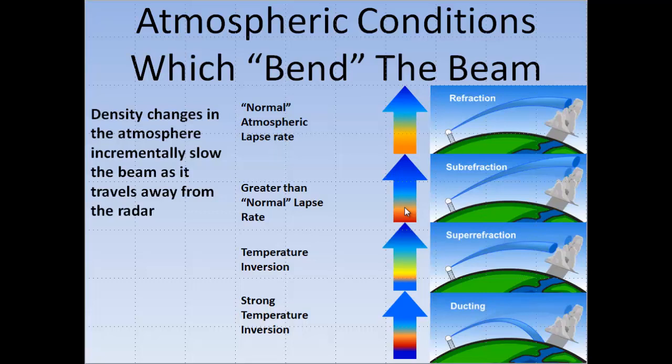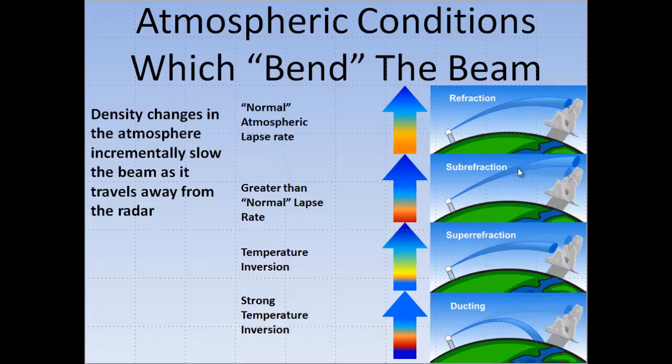Now, when you have, let's say, a very warm day with very warm conditions near the surface and much cooler conditions aloft, the radar beam will refract at a lesser level. So the radar beam will actually be rising in altitude more quickly than under normal conditions.